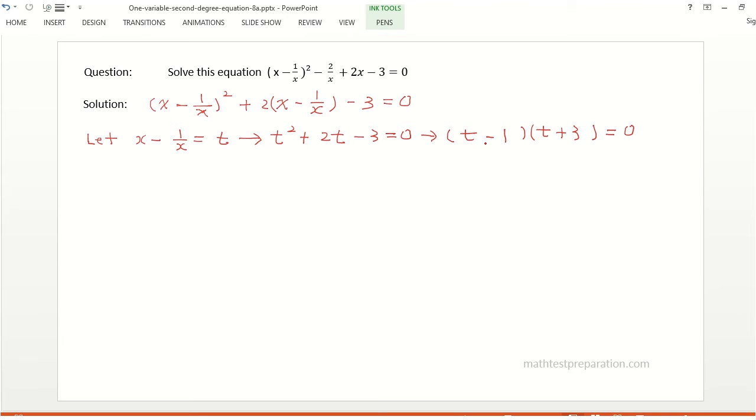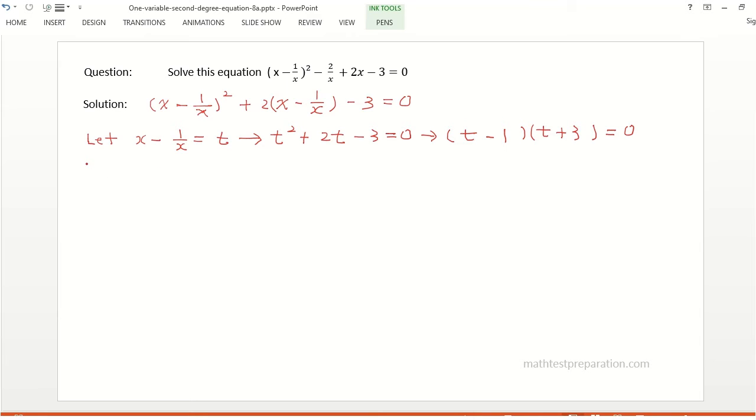Now t times t equals t squared. Negative 1 times positive 3 equals negative 3. Negative 1t plus positive 3t equals positive 2t.